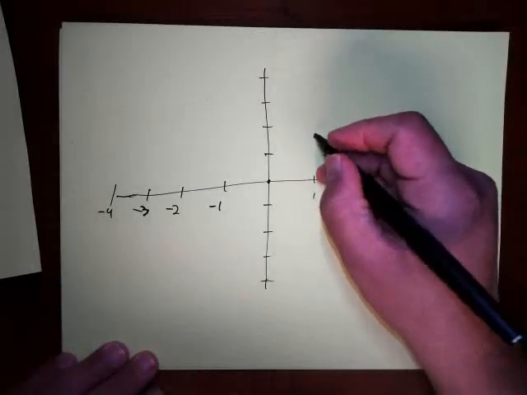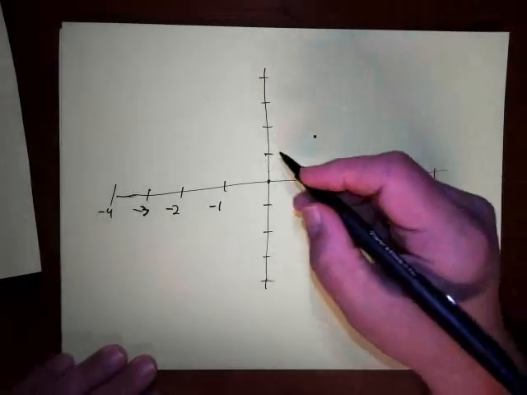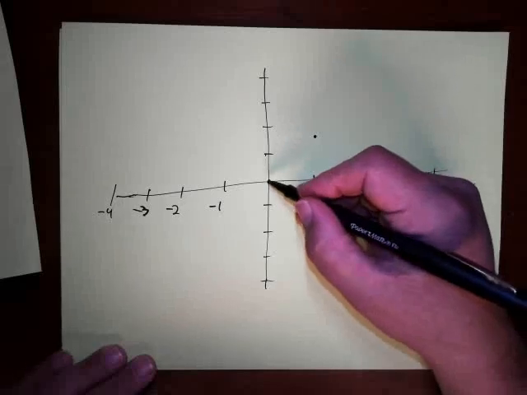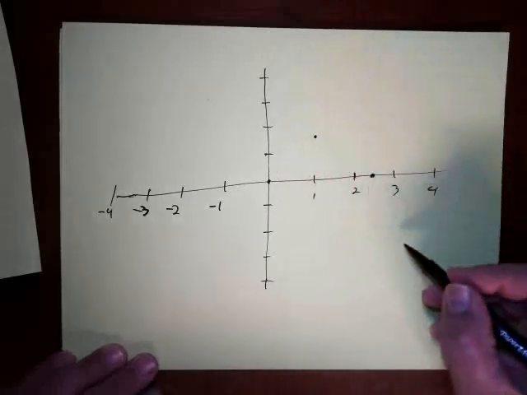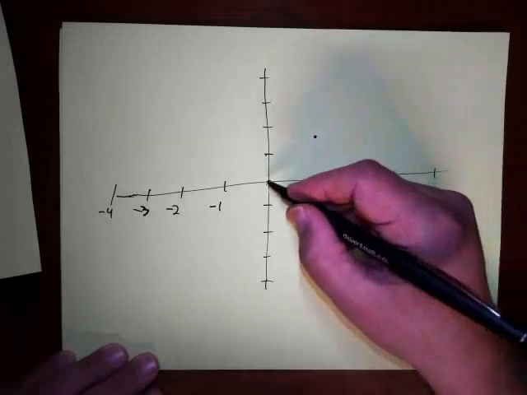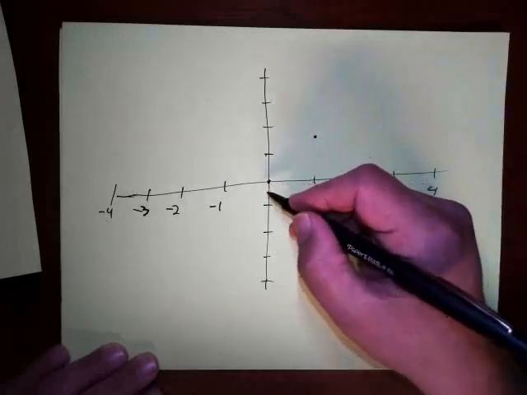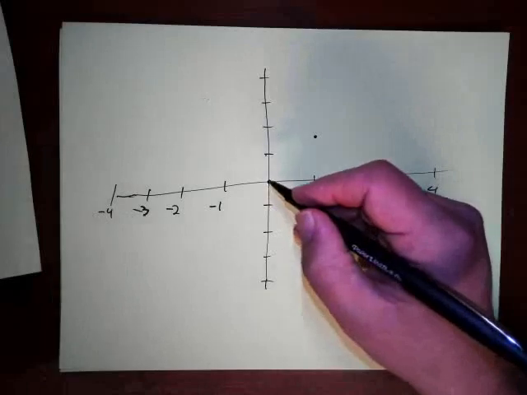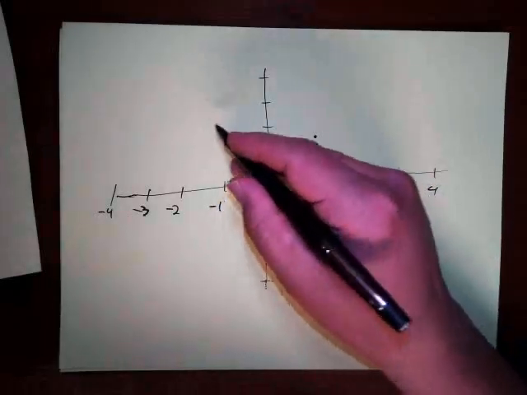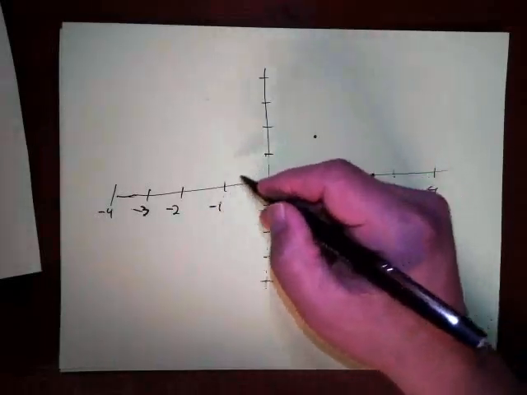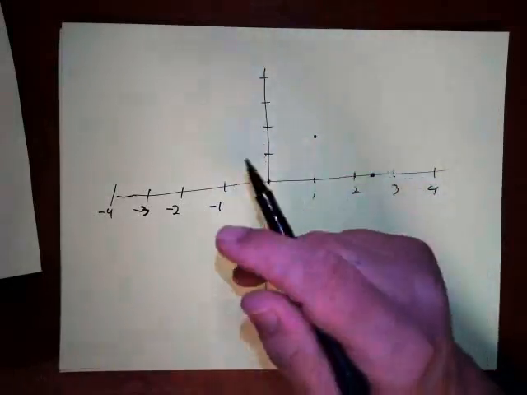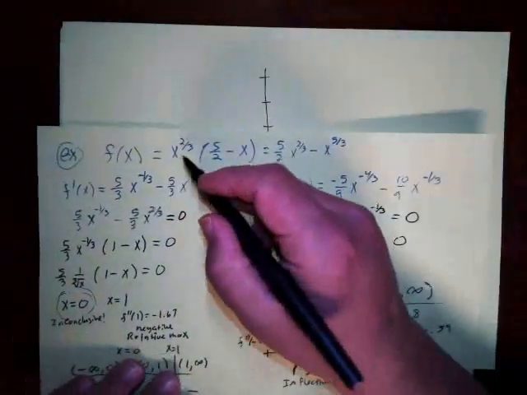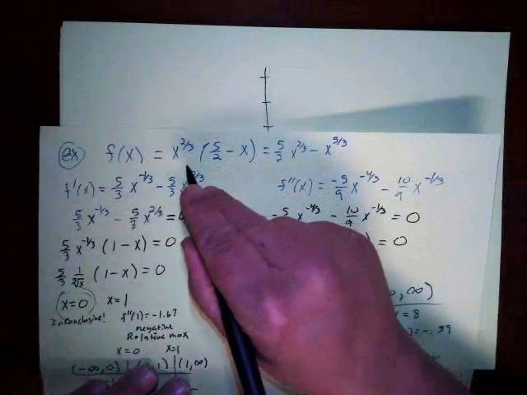So it looks like it's going to have to at least come up and hit this, and then go back down here. What you could do is plug in some points over here if you wanted to know where the points are. So let me actually do that. If I put in a -1 here, this would be negative.